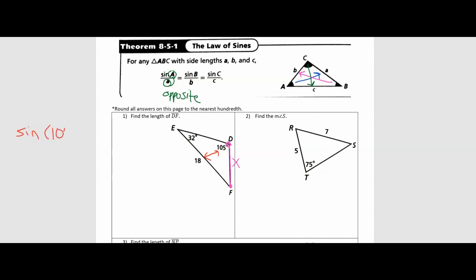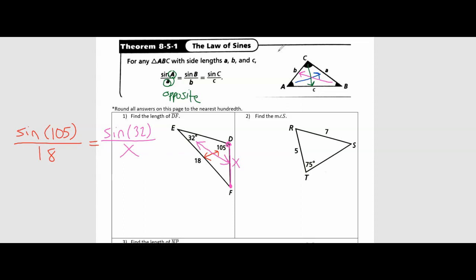So sine of 105 over 18, that's one ratio. That must be equal to sine of 32 over x, because those sides and angles are across from each other.